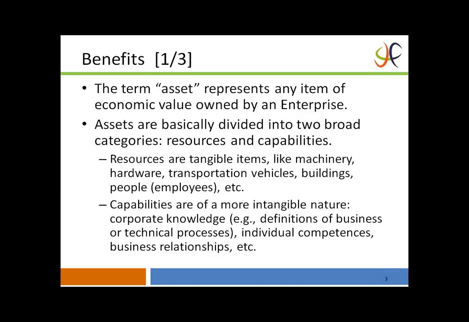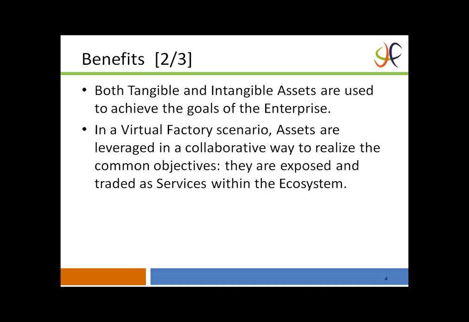Resources are tangible stuff like machinery, hardware, vehicles, buildings, even people, while capabilities are intangible stuff like the corporate knowledge of the enterprise, for example, business processes, technical processes, and competences of the individual, and the business relationships, and anything which is an asset for the enterprise, but it's not tangible by its nature.